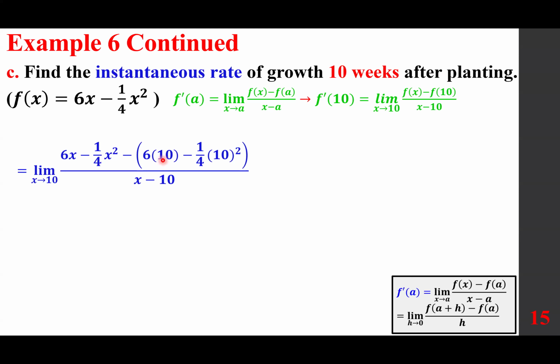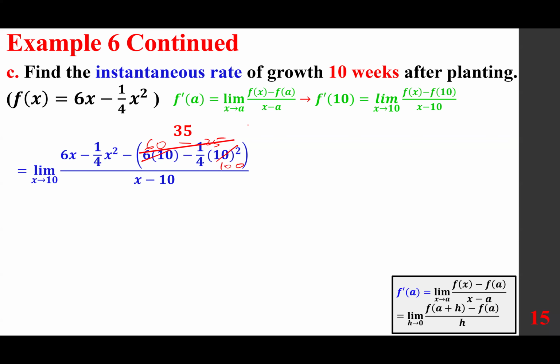Let's see. This is 60. This is 100. So 1/4 of that is 25. So minus 25. And 60 minus 25 is 35. All right.